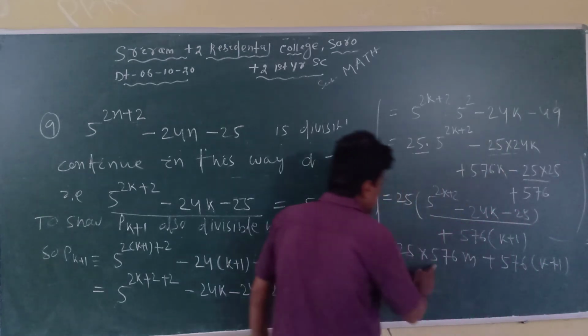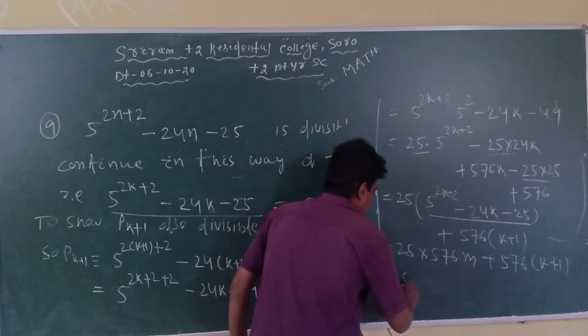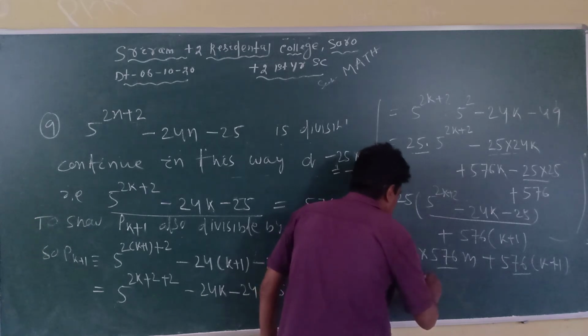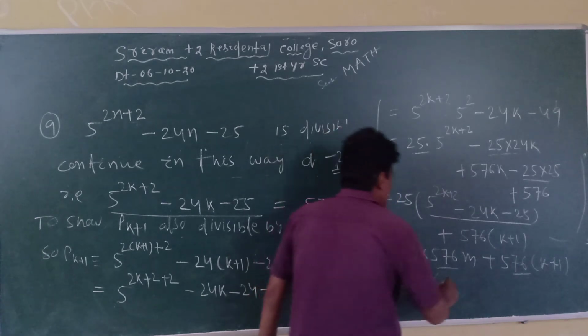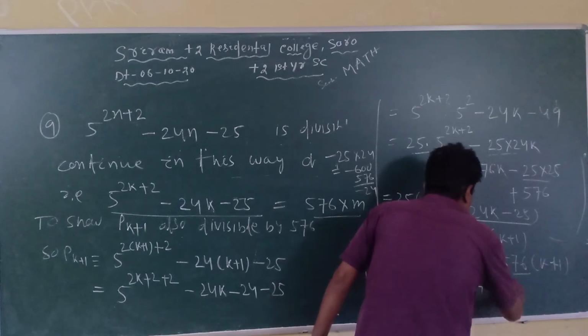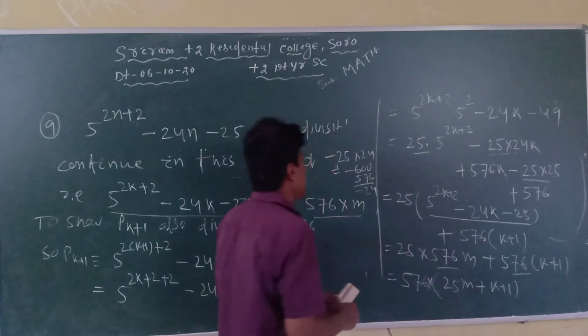From both the terms, taking 576 common outside of the bracket, that becomes 576 times 25m plus k plus 1.